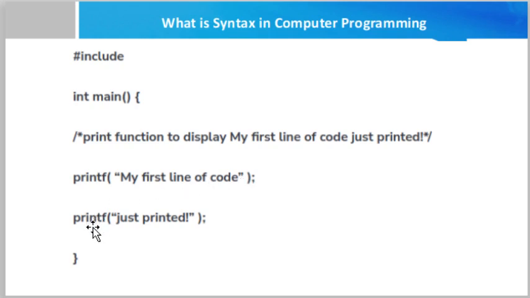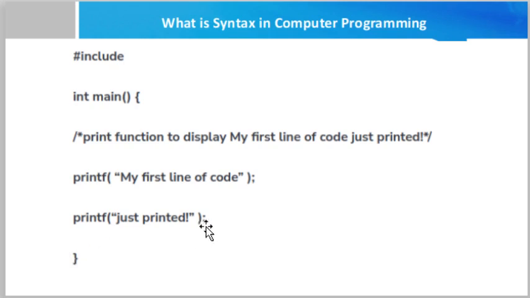The next is the printf, open bracket, double quotation, just printed, and then double quotation, close the bracket and semicolon, and then close the curly bracket. So basically this is the syntax. Similarly, friend, if I don't put the close curly bracket here, again you will see the error of syntax.